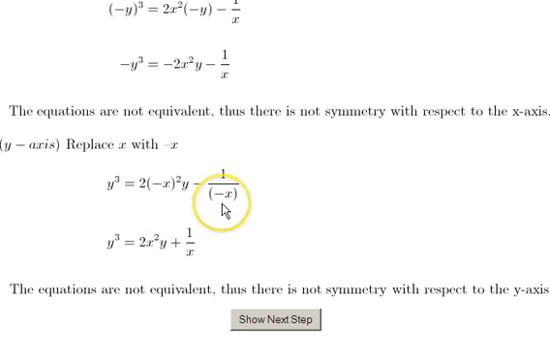And this negative x in the denominator makes this a plus 1 over x, where it was minus 1 over x before. And again, we want to see if this is equivalent with the original equation, but it's not, because this was negative. So it is also not symmetric with respect to the y-axis.